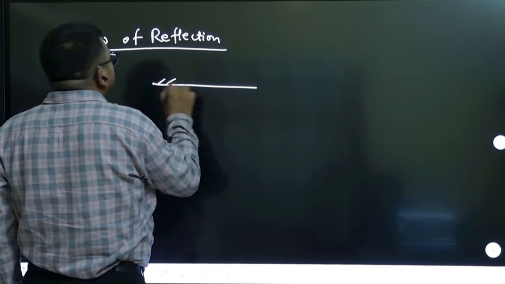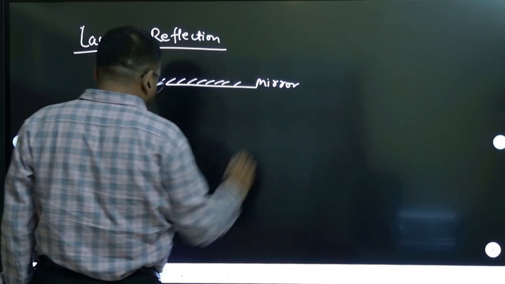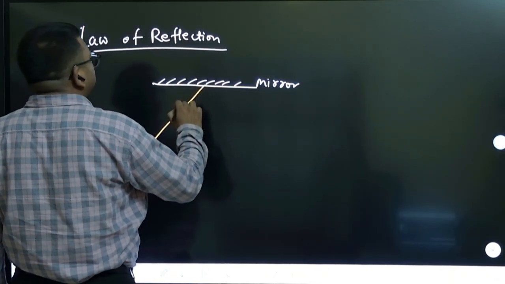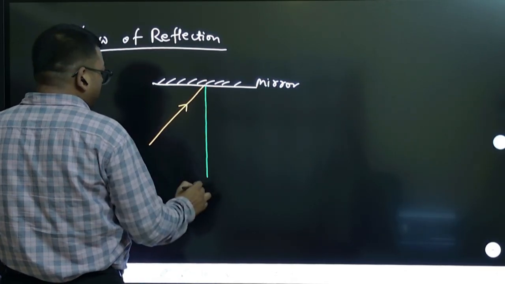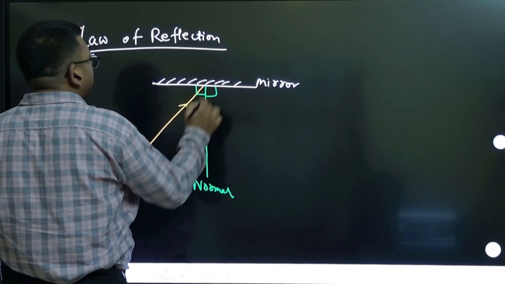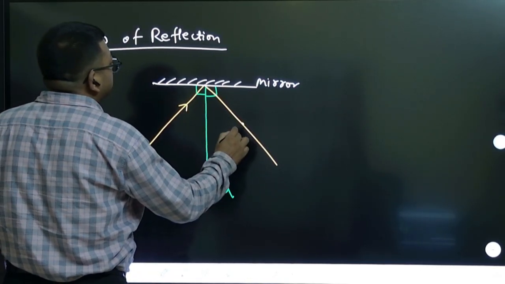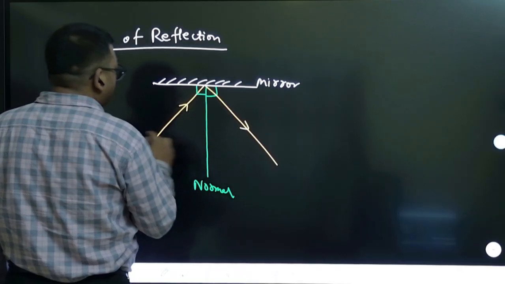Suppose this is a mirror, a plane mirror, and a ray of light is coming like this. If I draw the normal, normal means it is perpendicular. This ray will go like this. This is called the incident ray.